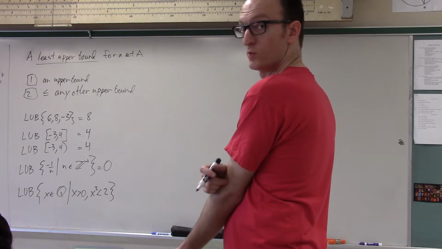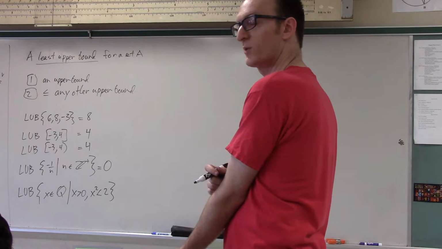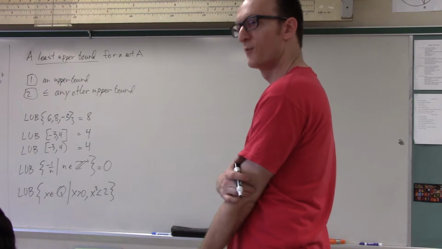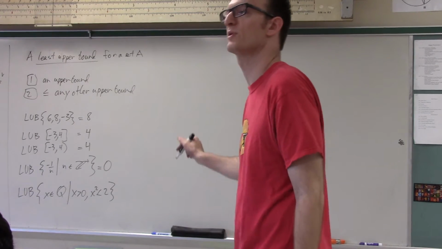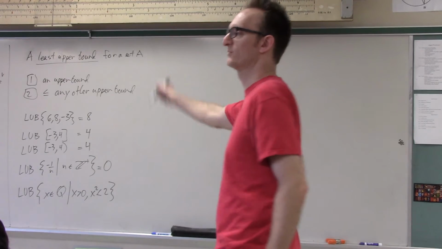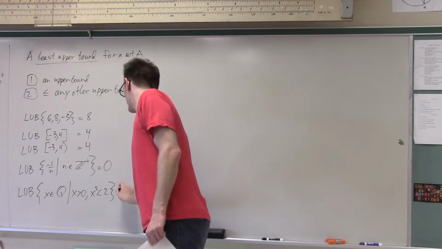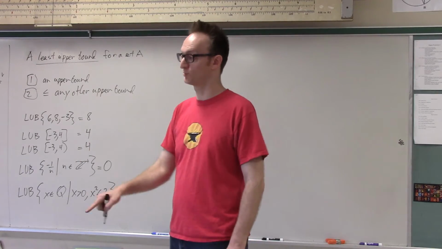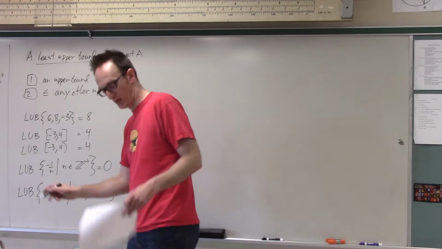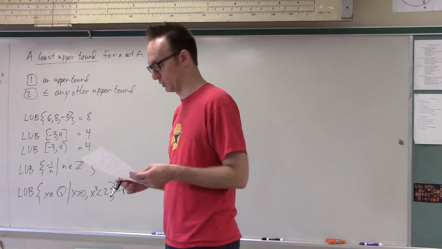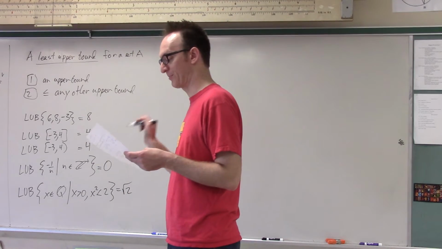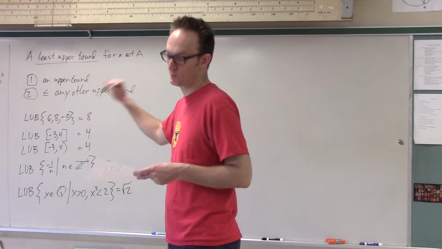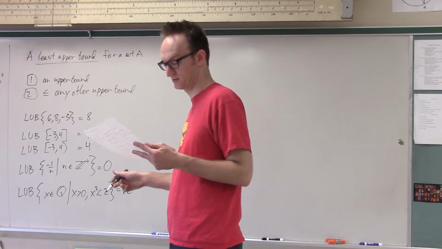Root 2. Root 2 is the smallest number which is bigger than every number in that set. Now root 2 is not rational, that's true, but it's still a number, right? And that really gets to the essence of the issue. Sometimes the least upper bound is an element of the underlying set, and sometimes not.